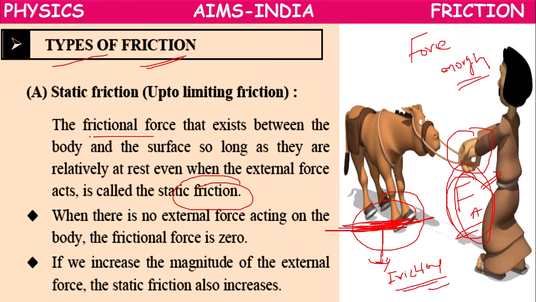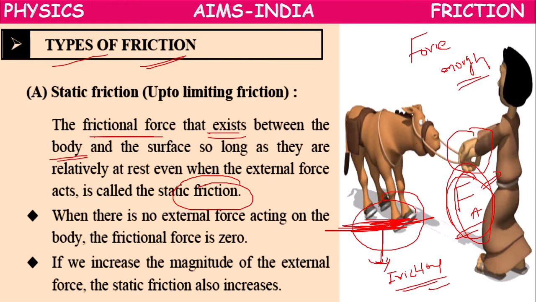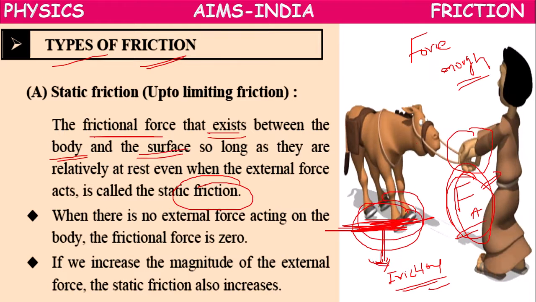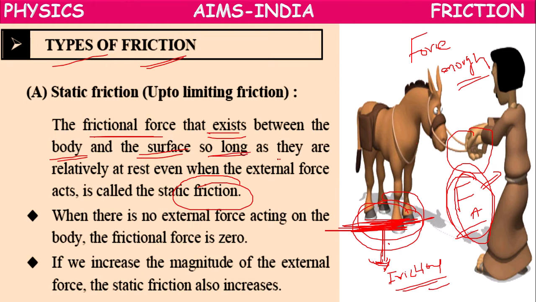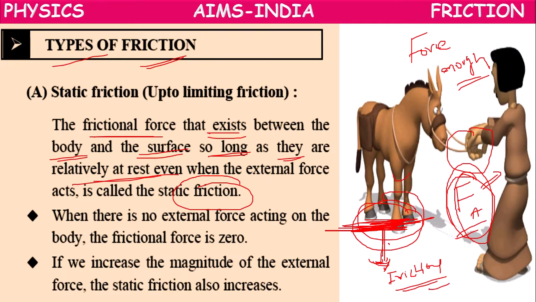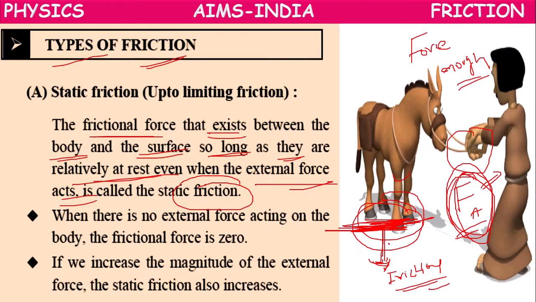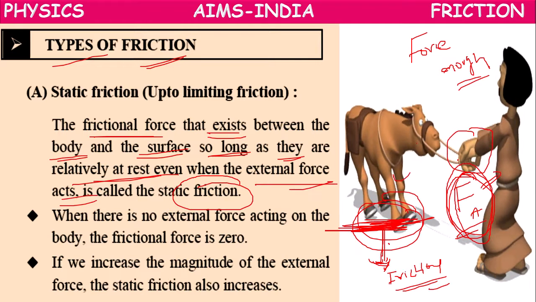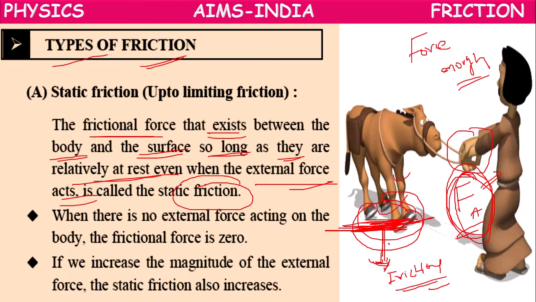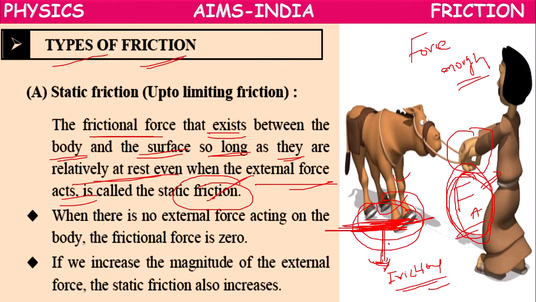So the frictional force that exists between the legs of the horse and the surface of the land, so long as they are relatively at rest and not moving, when the external force acts, so long as the person is pulling and the land and horse are at rest, until that time, whatever friction is developed between them is called static friction.